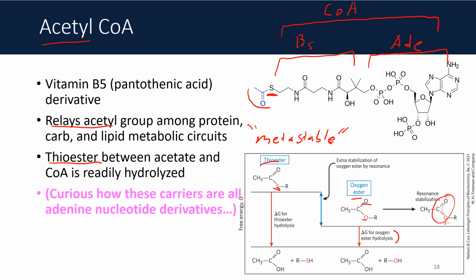And so this thioester is way more prone to hydrolysis or nucleophilic attack. And that's also why coenzyme A is a good 2-carbon carrier. It not only holds on to the acetyl group, but it activates it for the next enzymatic step it's destined to experience.